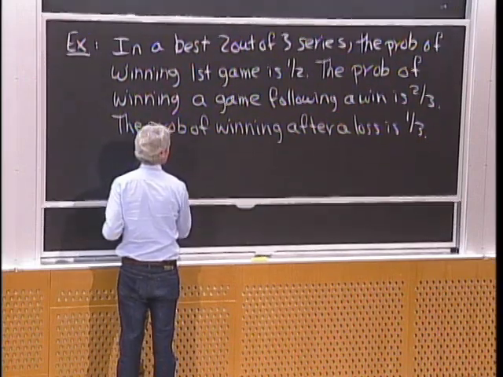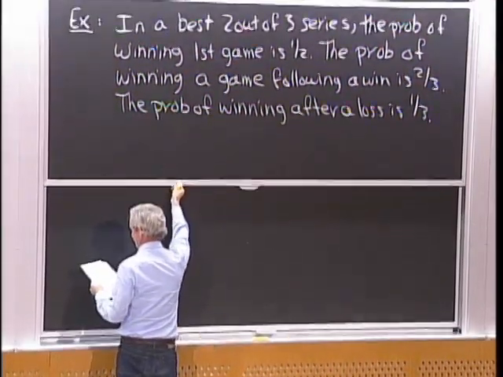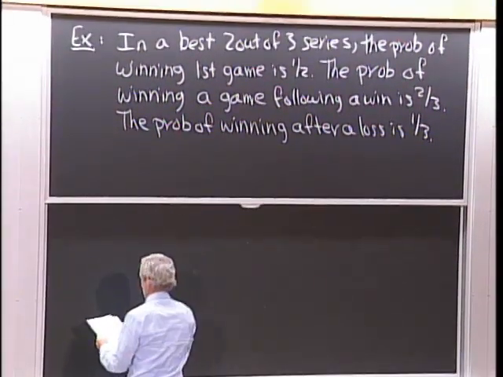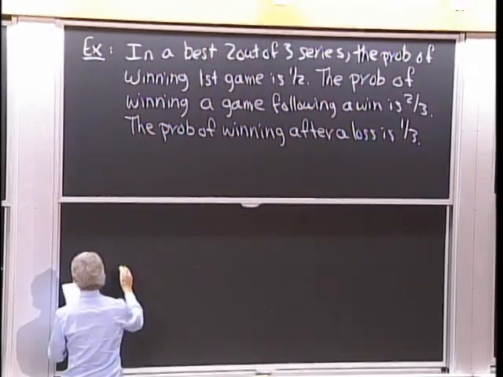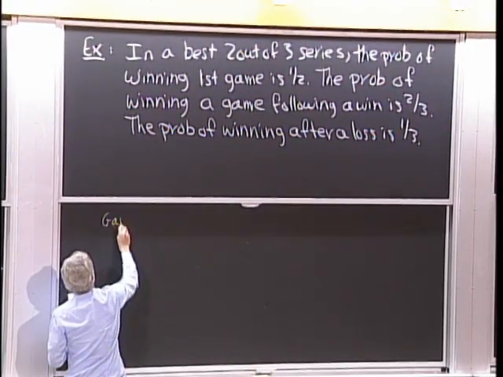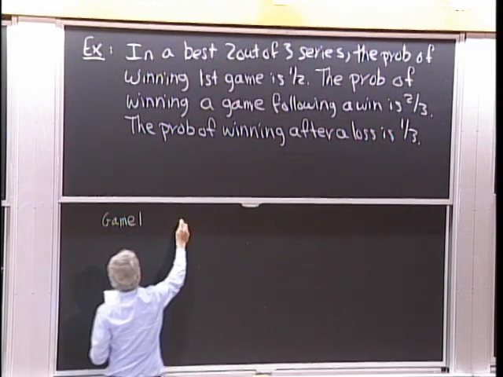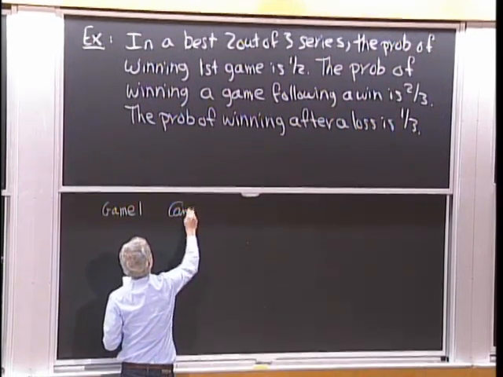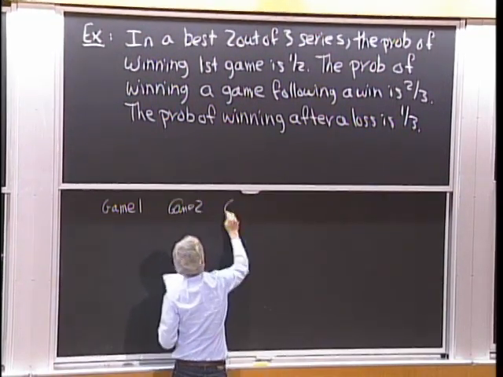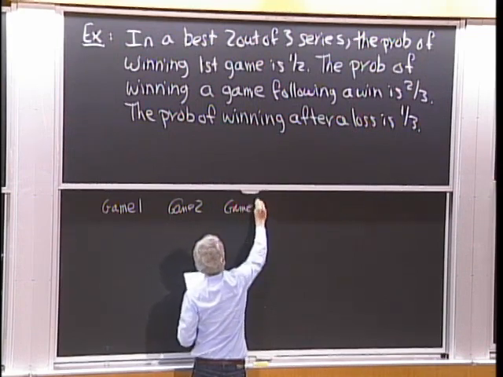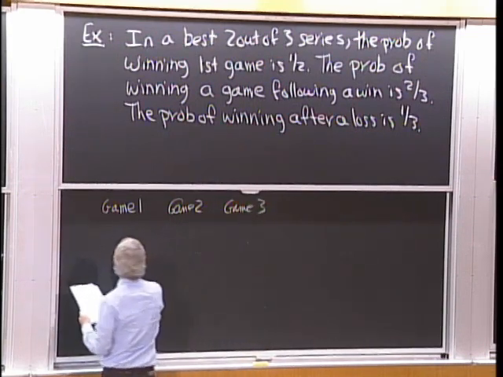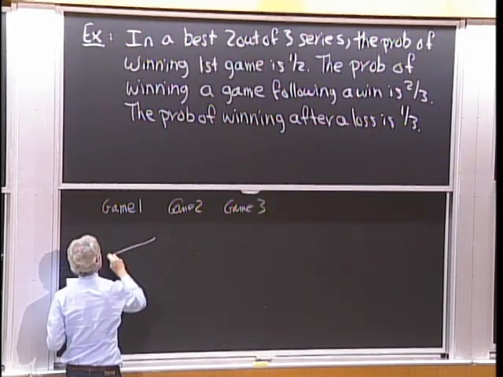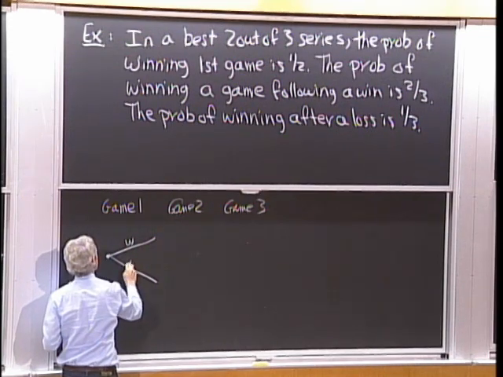All right, let's figure this out. It's easy to do, given the tree method. So let's make the tree for this. So we have possibly 3 games. There's game 1, game 2, and game 3. Game 1 you can win or lose. There are 2 branches.